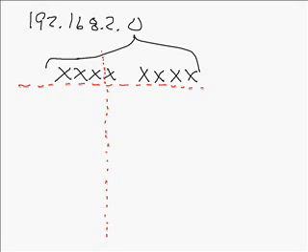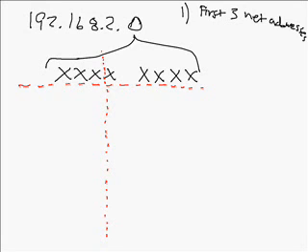Now the first thing we're going to do is solve for the first network address. Let's say in this case what I want from you is this. I want the first 3 network addresses. That's number 1.